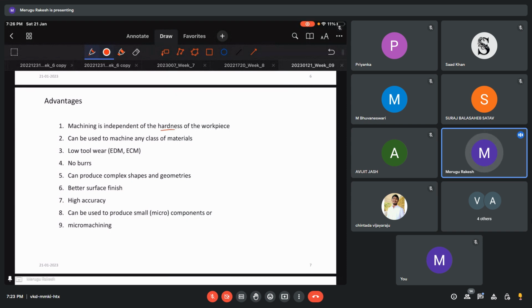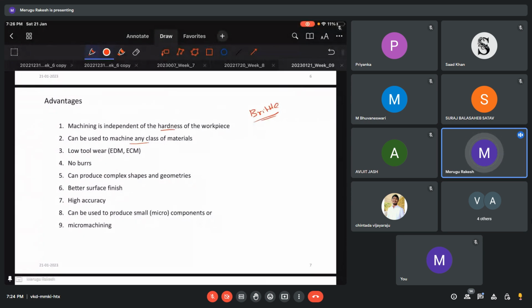So we can easily use it. Then, can we use any class of material? But limited, we generally use this for brittle materials. The reason being the mechanism of removal rate. Suppose you use any ductile material, these particles will not remove material. Instead, these particles will protrude into the workpiece surface.